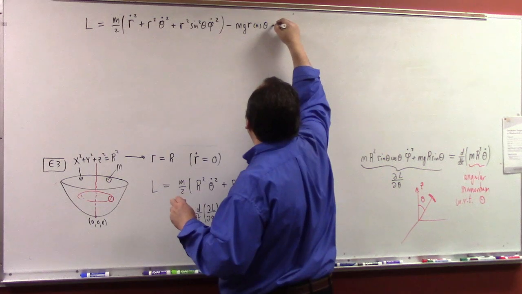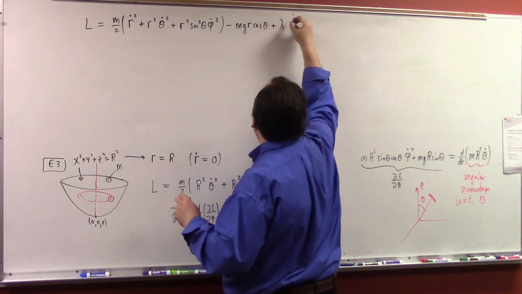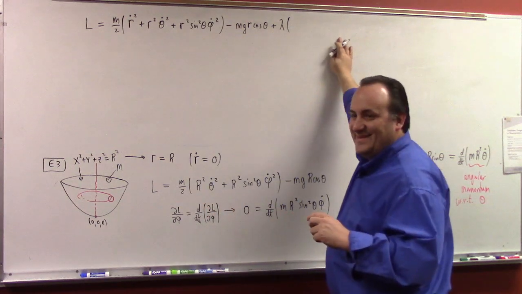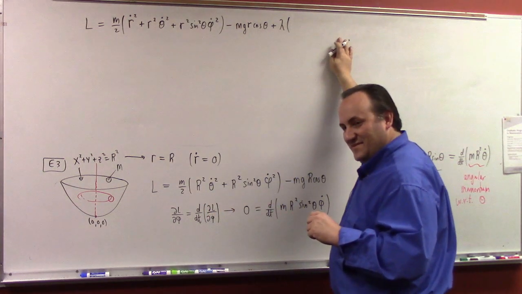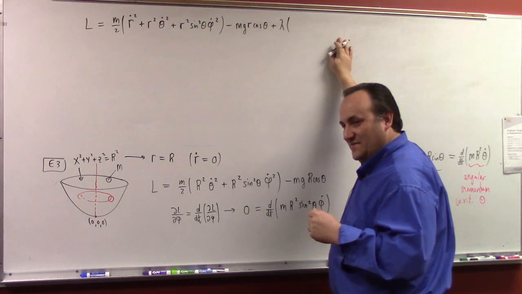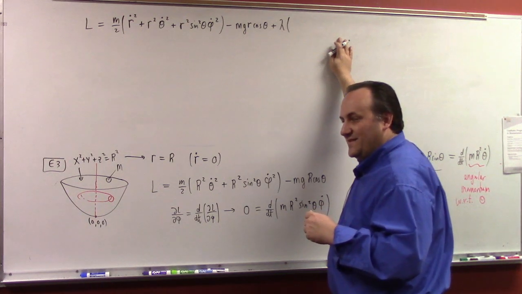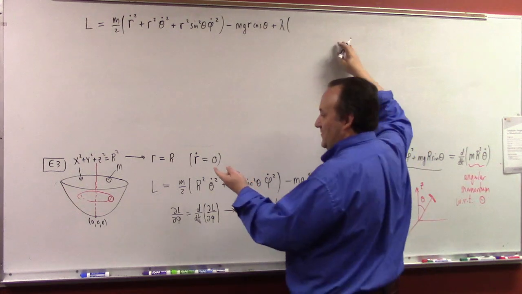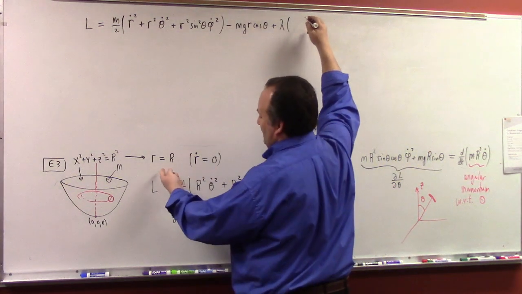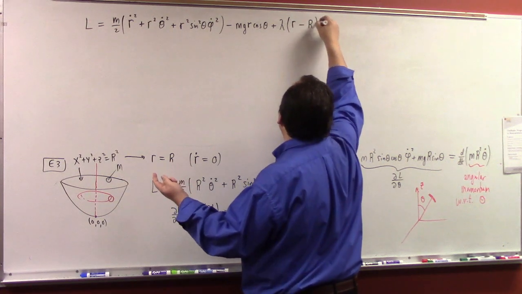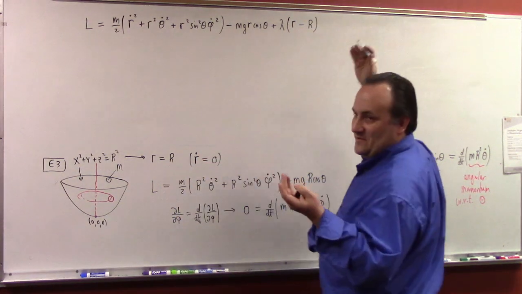But what I'm going to do is add an algebraic variable, a Lagrange multiplier, lambda, like here. I forget if it's supposed to be plus or minus. I think it's plus lambda. And then you just put in the defining equation. And the thing is, this works for the equation for the bowl, which is r equals R. So you just do r minus R. Because that's 0, you're just adding 0 to the Lagrangian.